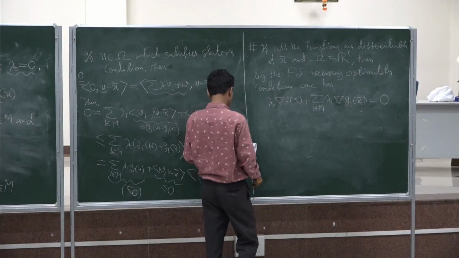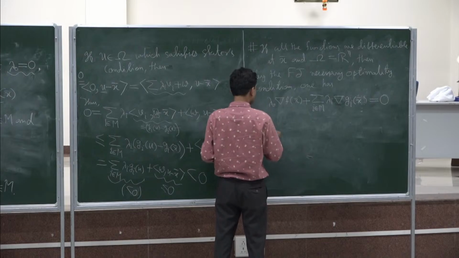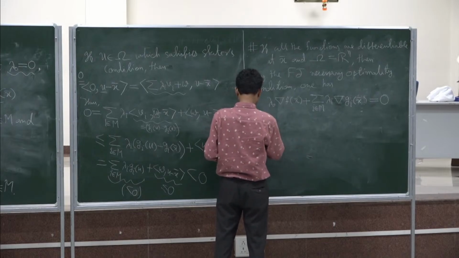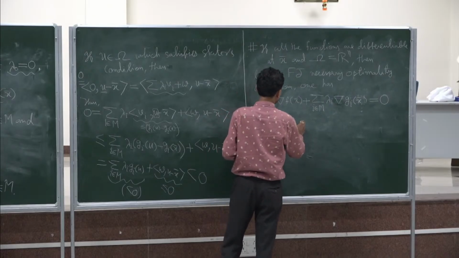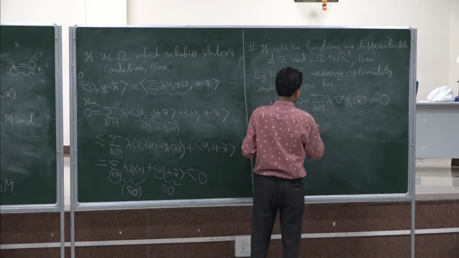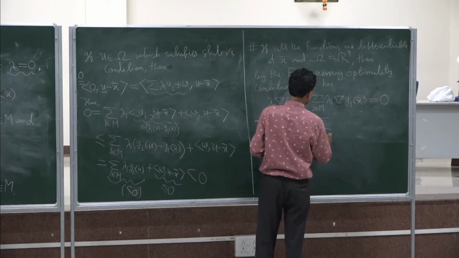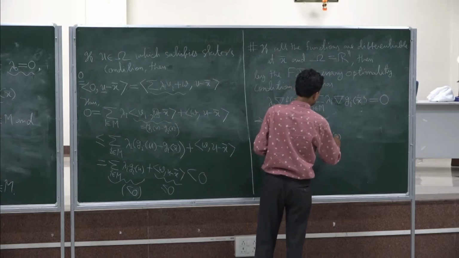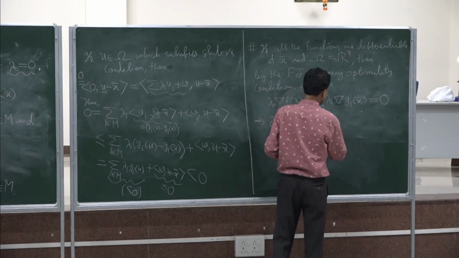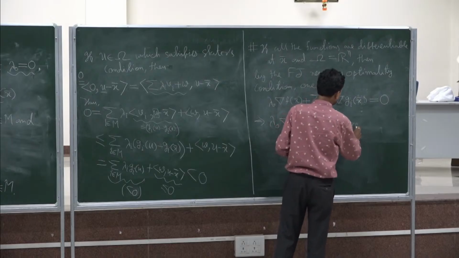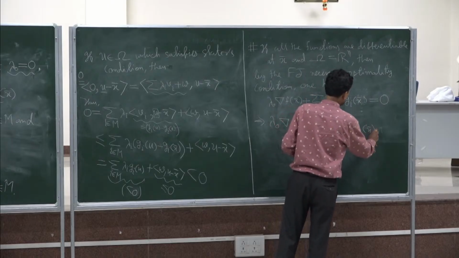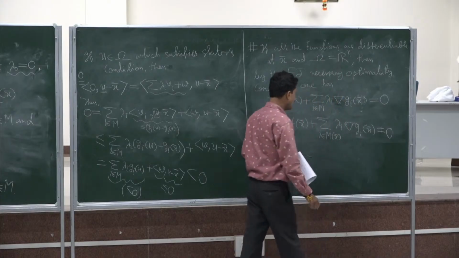And this can be rewritten as lambda naught gradient of f at x bar plus summation over I in M of x bar, lambda I gradient of Gi at x bar is equal to 0. Why M of x bar?